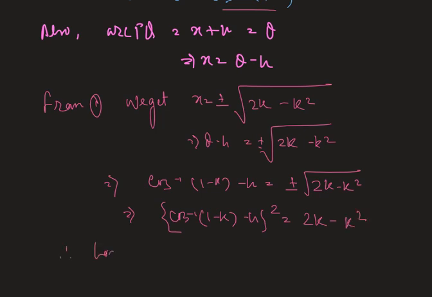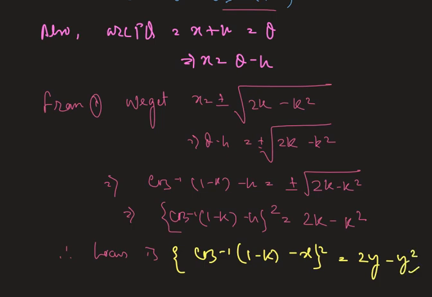Therefore, the locus is (cos inverse (1 minus y) minus x) whole square is equal to 2y minus y square. Okay, so this is the required locus of our problem.